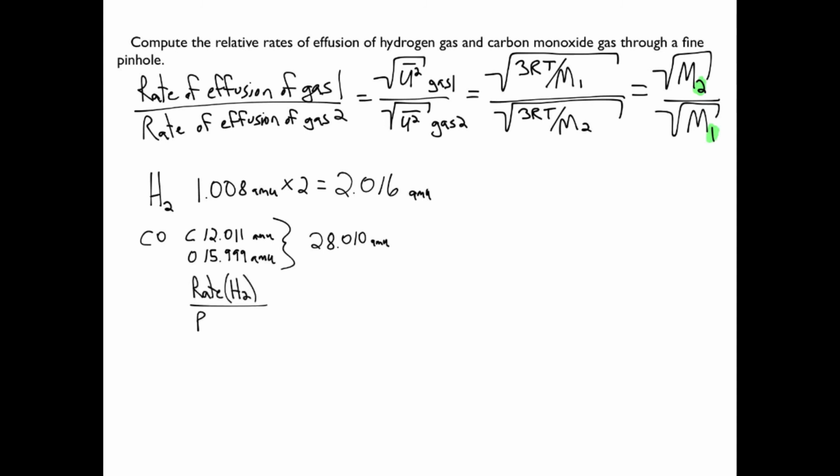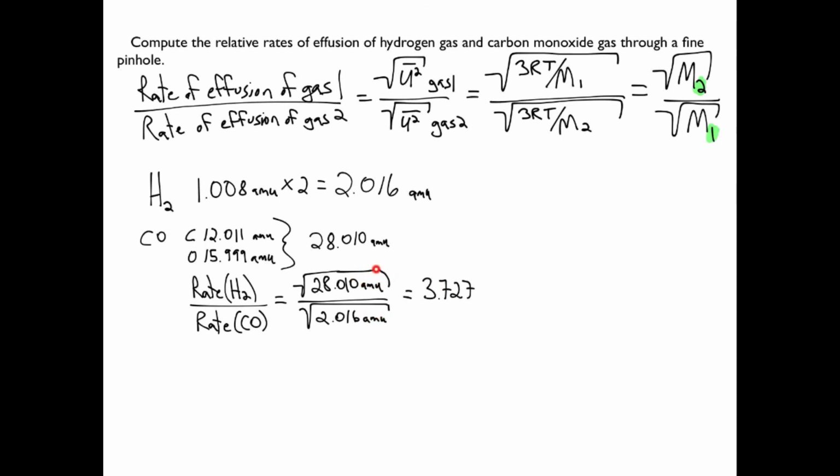So the rate of effusion of H2 as compared to the rate of effusion of carbon monoxide should be equal to the square root of the molar mass of carbon monoxide, which in this case is 28.010 atomic mass units, divided by the square root of the molar mass of my other gas, which is 2.016 atomic mass units. And this ratio of square roots works out to be 3.727.